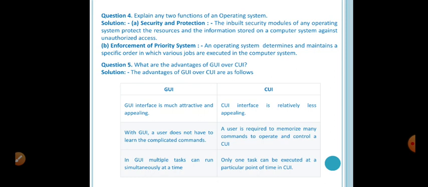With GUI, a user does not have to learn the complicated commands, whereas a user is required to memorize many commands to operate and control a CUI. Last point, in GUI, multiple tasks can run simultaneously at a time. You can open any window, you can play a song, you can check your messages. These things you can do very easily in GUI at once. Whereas only one task can be executed at a particular point of time in CUI. So these are the advantages of GUI over CUI.